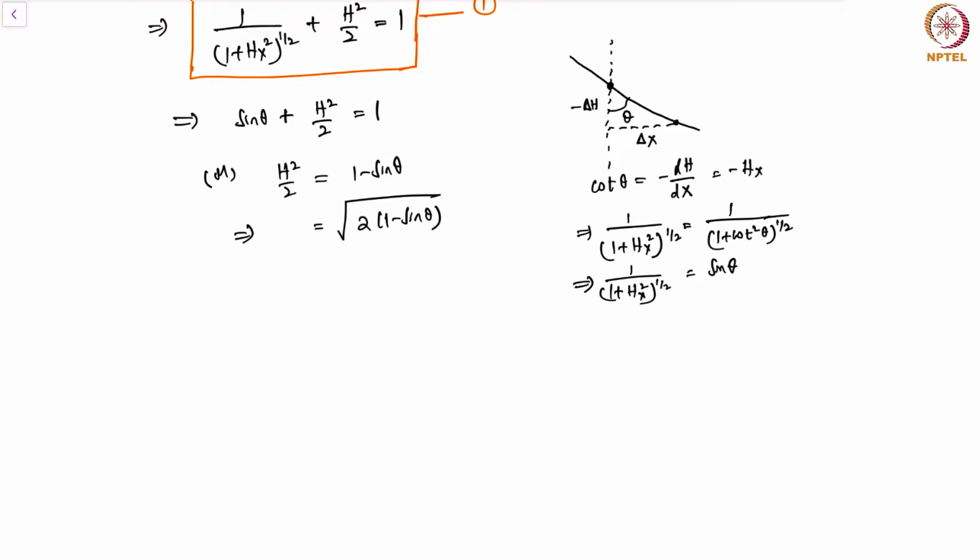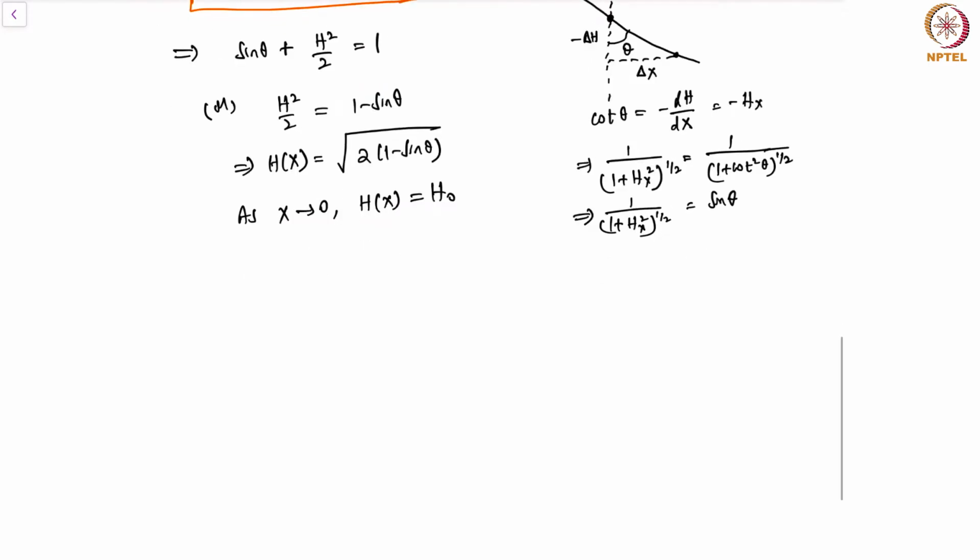This is h at any arbitrary x. As x goes to 0, capital H of x becomes h naught, and theta becomes equal to theta e, and therefore I have h naught is square root of 2 into 1 minus sine theta.